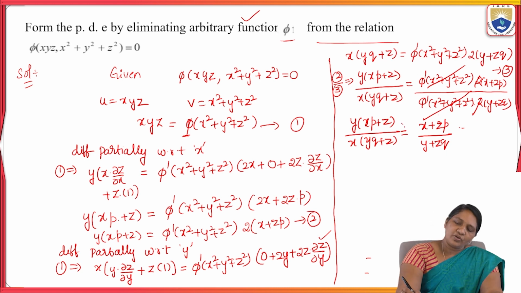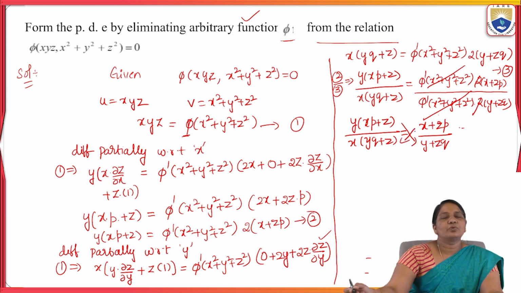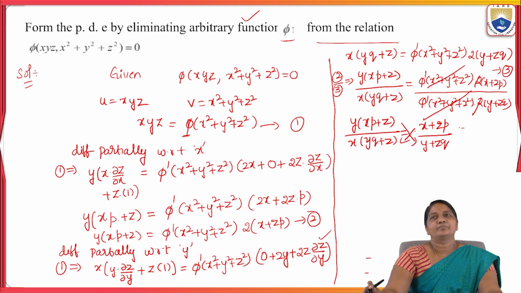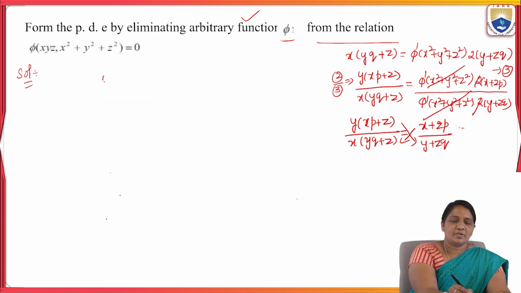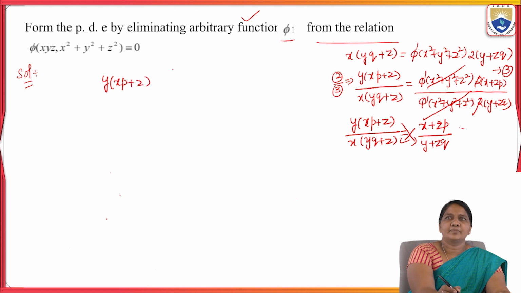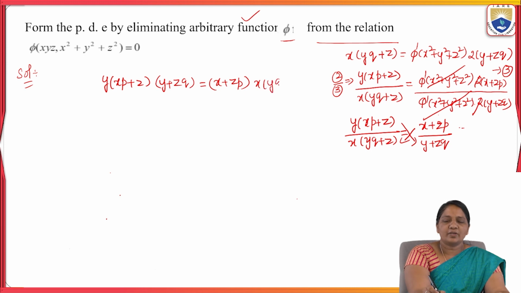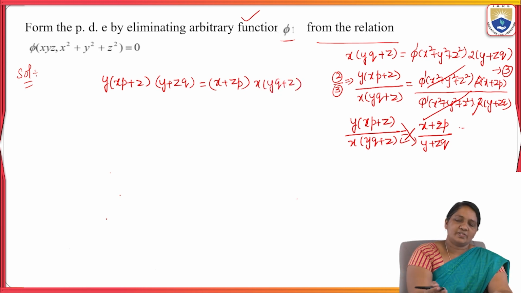So now we can do the cross multiplication to get the PDE form. So this equation becomes y into xp plus z into y plus zq is equal to x plus zp into x into yq plus z. Now do the simplification.